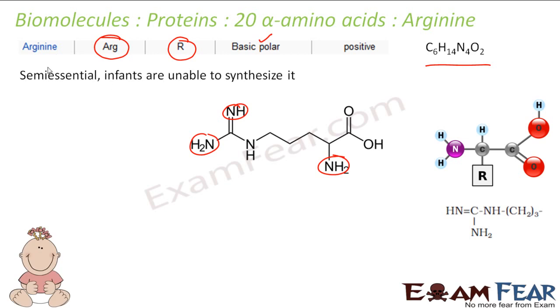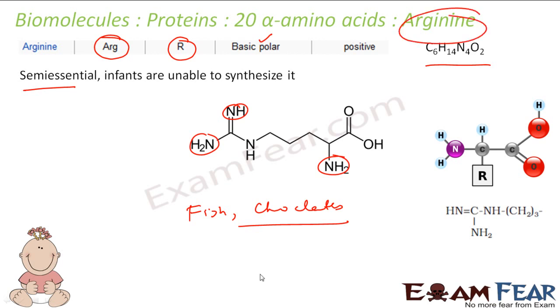And it is semi-essential. Why? For adults it is not required, but infants are not able to synthesize it. So it is required for them, and it is found in fish, chocolates. So chocolate is anyway a little bit good for kids because it has arginine and it is required by them. It was first discovered by Swiss chemist Ernest, right? And it has the ability to increase the production of nitric oxide.